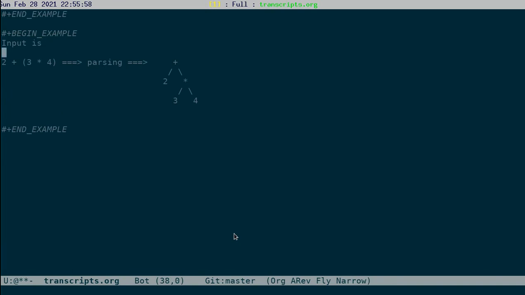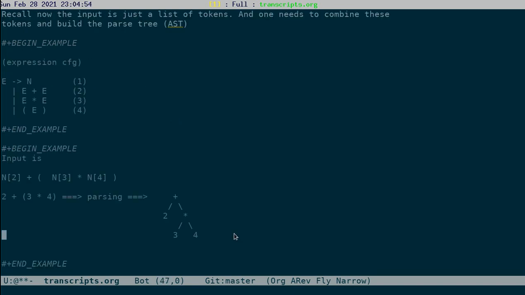Strictly speaking, what your parser sees is not this, but the tokens: n, a natural number with semantic value 2, then the plus token, then the parenthesis token, then the token n which is 3, then the star token, then the n token 4, and then the parenthesis token. This is what comes as input to the parser, and the parser should build this tree. Now I will explain how this parsing works.